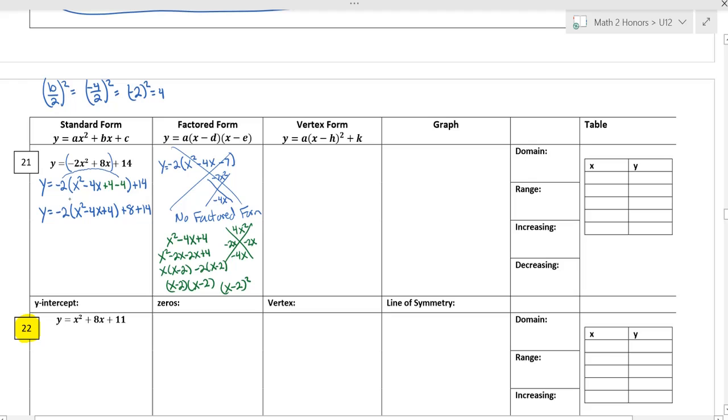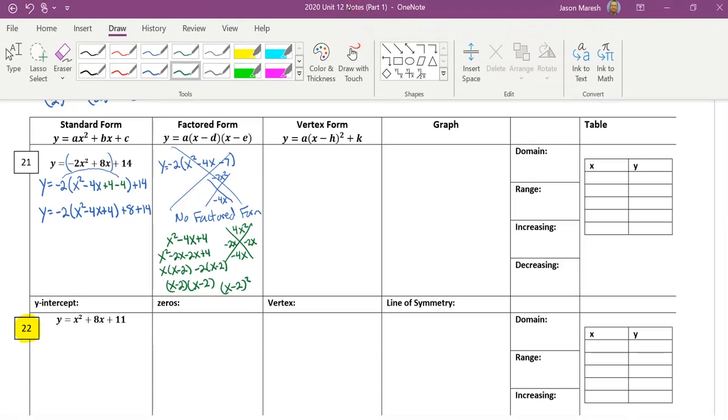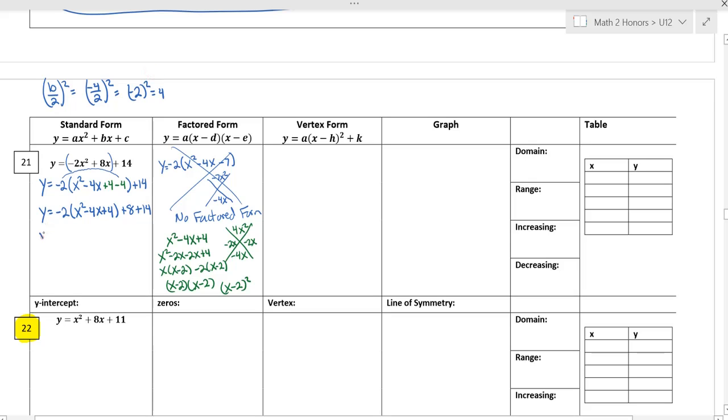And so y equals negative 2 times x minus 2 squared plus, and then 14 and 8 gives 22. And I just converted it now to vertex form.